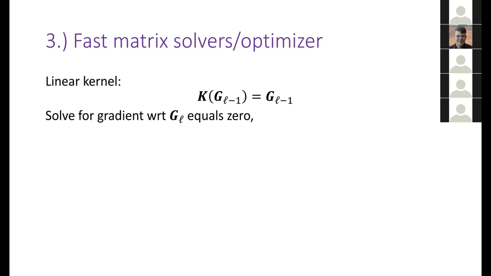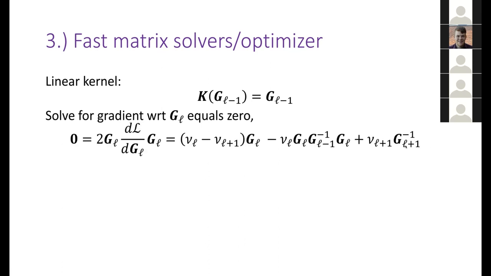It turns out we can actually solve our loss function for where the gradient with respect to a particular Gram matrix equals 0. And that's going to give us this function here. We're fixing the Gram matrix at the next layer and the Gram matrix at the previous layer, and then we're optimizing for this G_L. And if we find the maximum of this objective, then we need to solve this equation here.